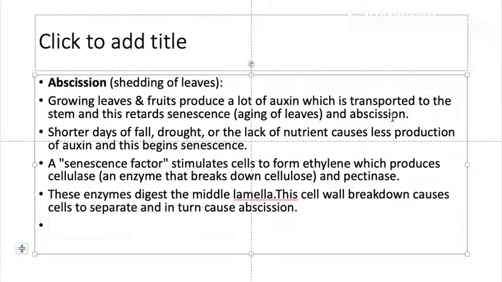And abscission means to wound or to break. The shorter days of fall, drought, or the lack of nutrients cause less production of auxin, and this begins senescence.